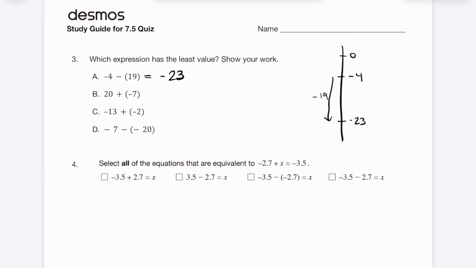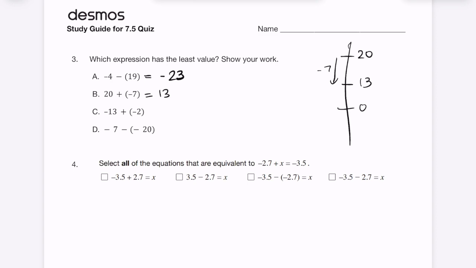You're going to end up with negative 23. 4 plus 19 is 23, and in both of these, the impact is it's getting more negative or going down. For the next one, we have positive 20 plus negative 7. So I'm starting above 0 at positive 20, and then adding a negative 7 means I go down 7, and I'm going to end up at 13.